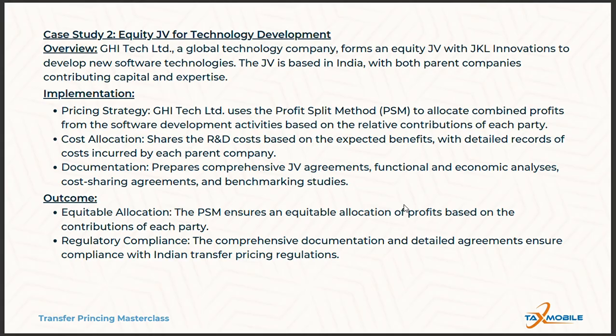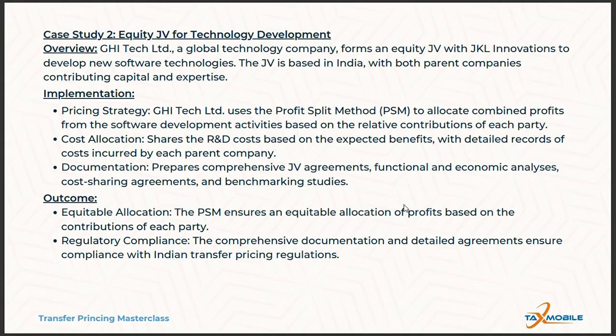Now, documentation: a comprehensive JV agreement, functional and economic analysis, and benchmarking studies were prepared. I hope we are taking note of all the documentation that is required. You can see here we're talking about the JV agreement, functional and economic analysis, and benchmarking studies.